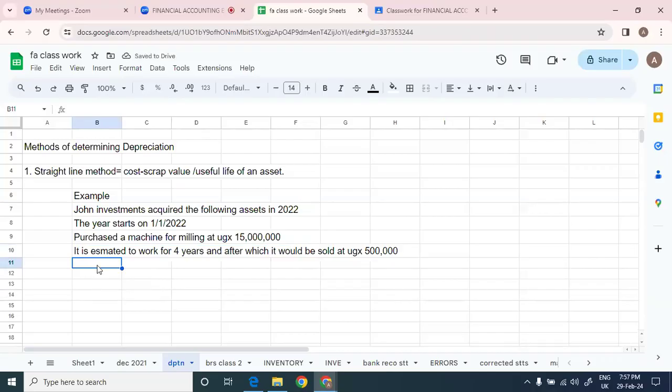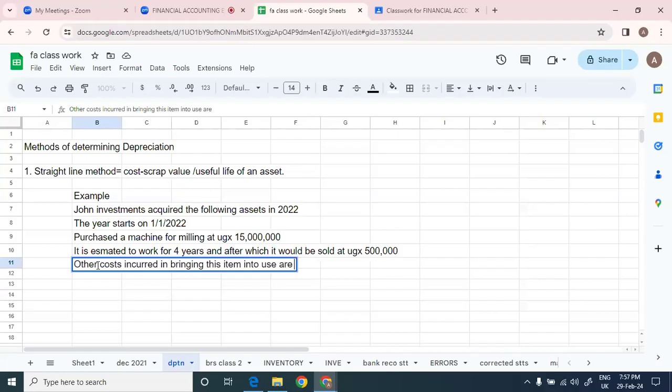They tell you other costs incurred in bringing this item into use are as below.